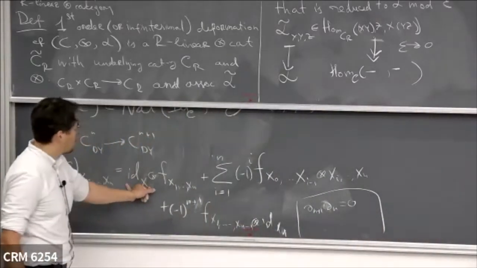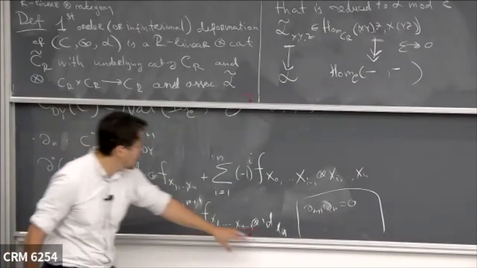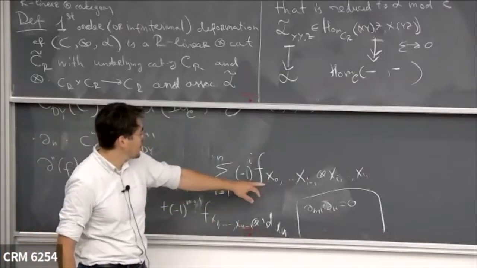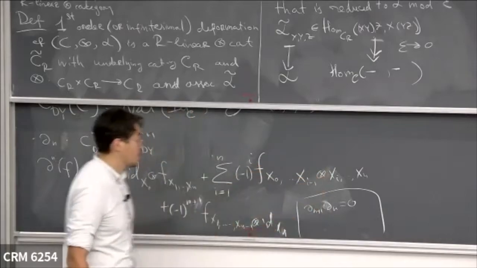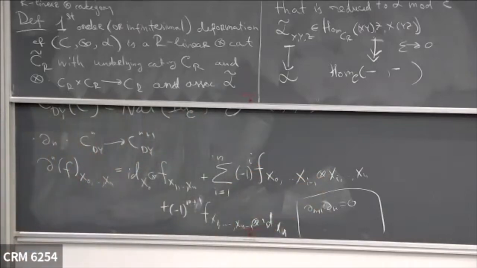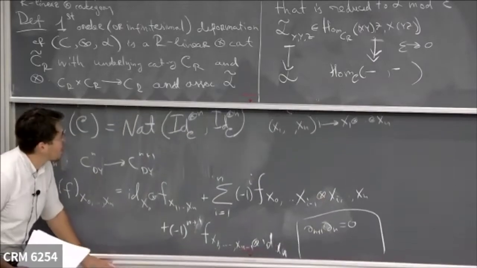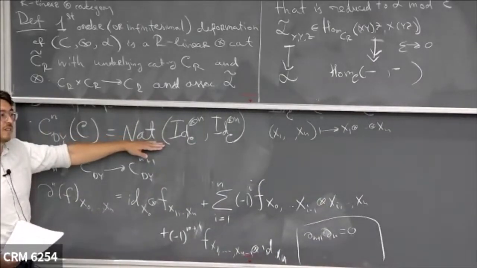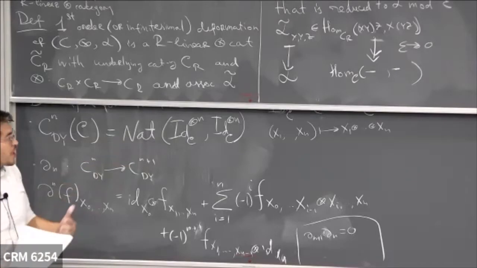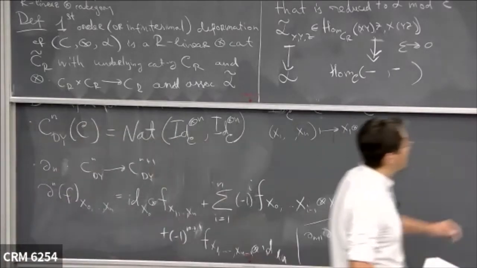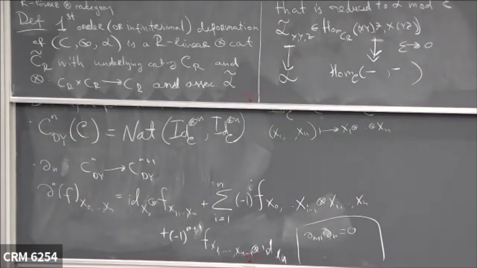There are two boundary terms with identity on one side and identity on the other side, and there are bulk terms where in the natural transformation you just plug in and multiply the objects, and it looks very similar to Hochschild theory, right? The only problem is that if you give me a tensor category, it's hard to calculate, because first of all, calculating cochain spaces is quite hard. In some examples you can do that, but in general it's a very hard problem to do explicit calculations.